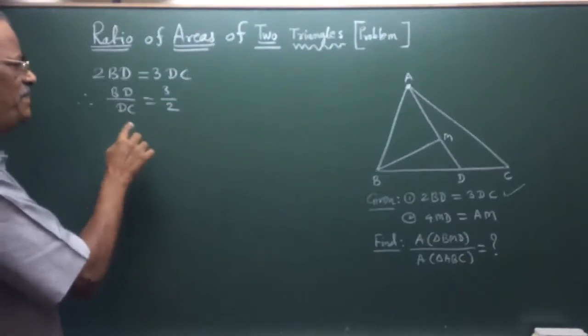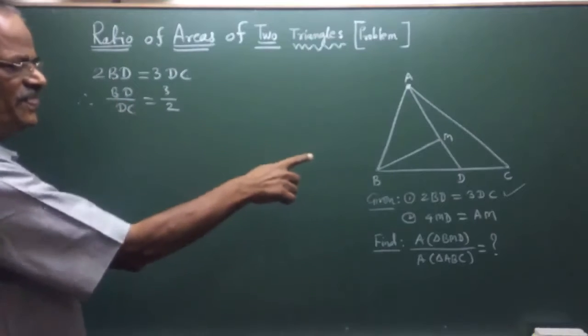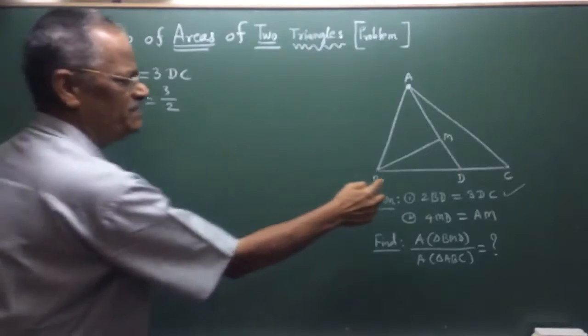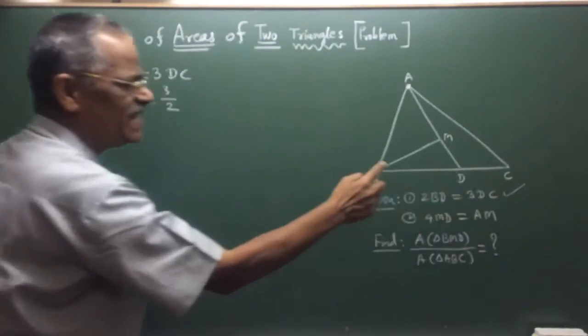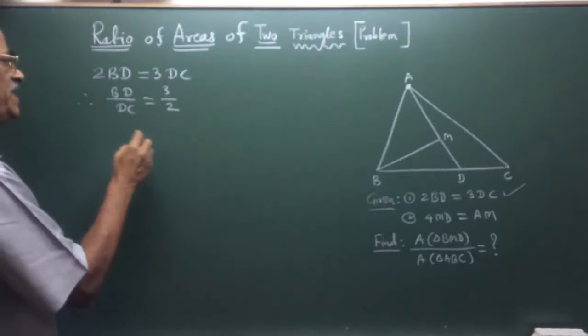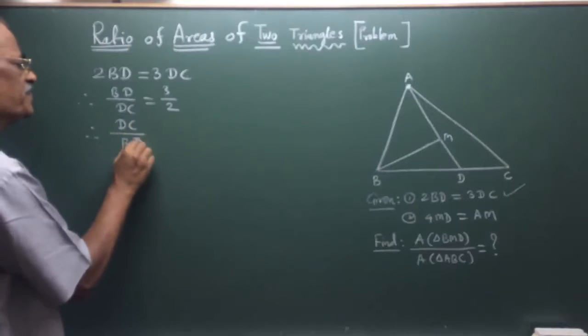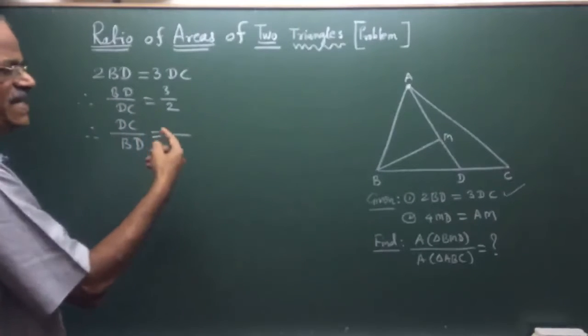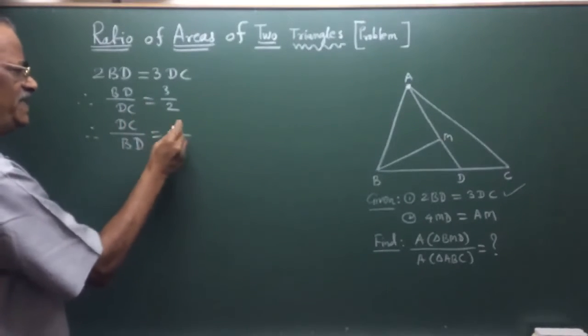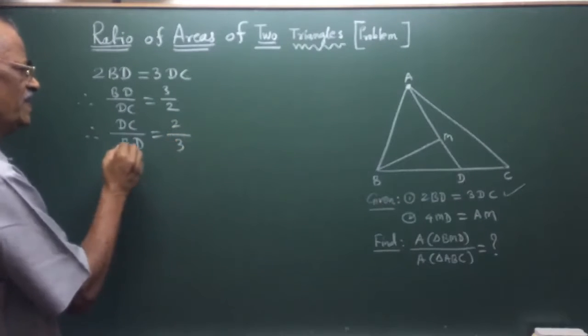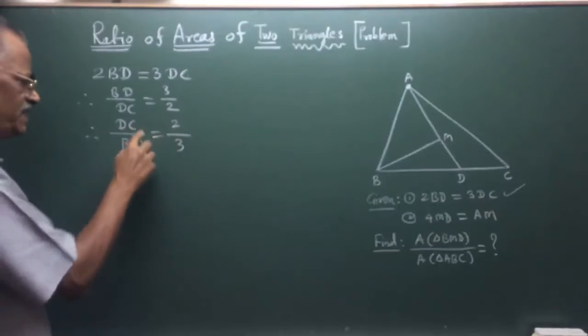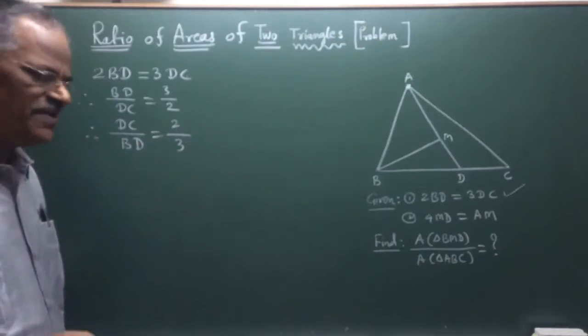You are getting the ratio BD to DC. But if we do DC upon BD, that is invertendo, DC upon BD will be 2 upon 3.